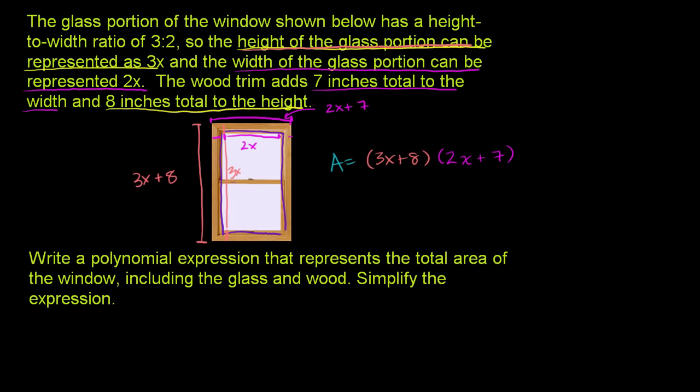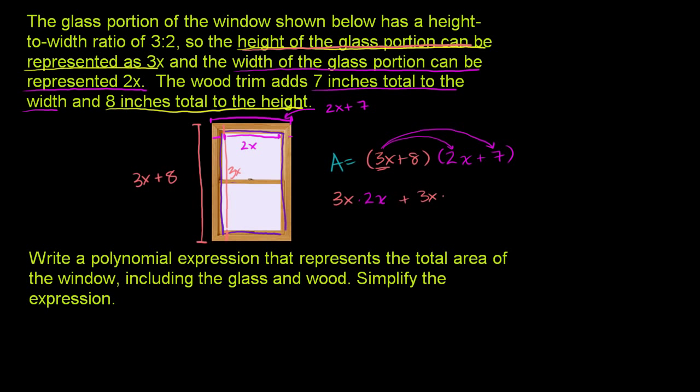The way you can think about it is you're doing the distributive property twice, essentially. Let's multiply 3x times 2x. That's multiplying it times that. Then you want to multiply 3x times 7, which is 21x.